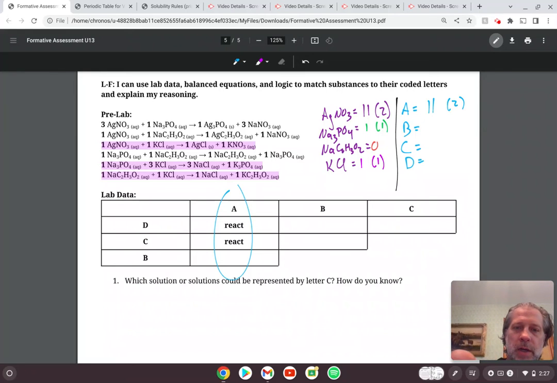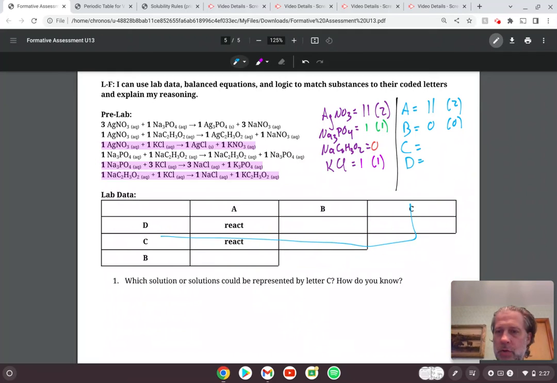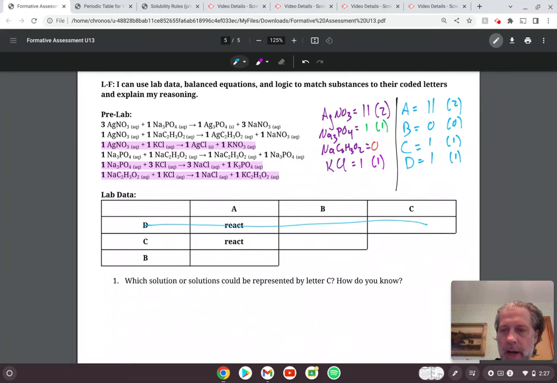If I look at B and go down and over, it looks like there were 0 reactions because there were no reactions in either situation. If I look at bottle C and over, it looks like there's 1 reaction. And if I look at bottle D and over all the way across, there's also 1 reaction.